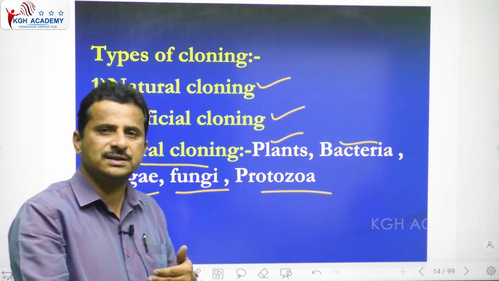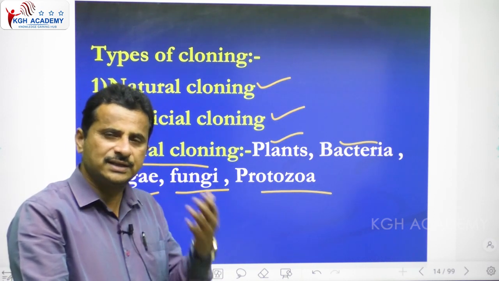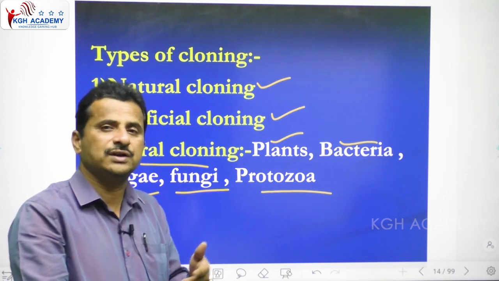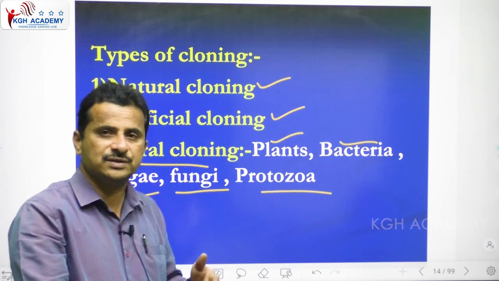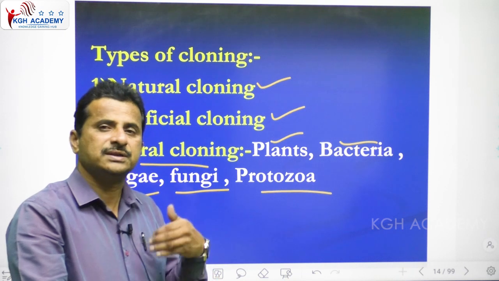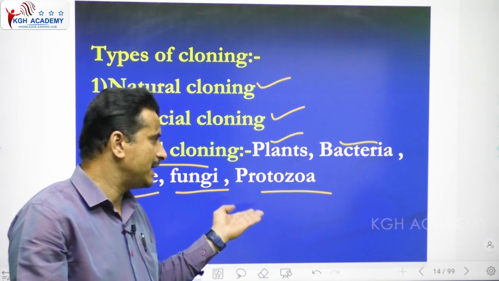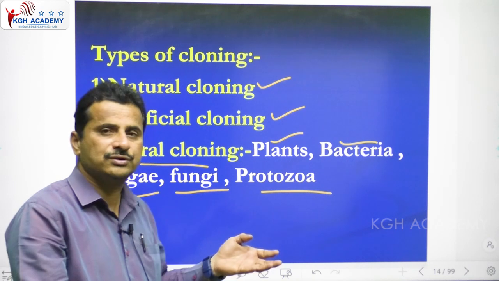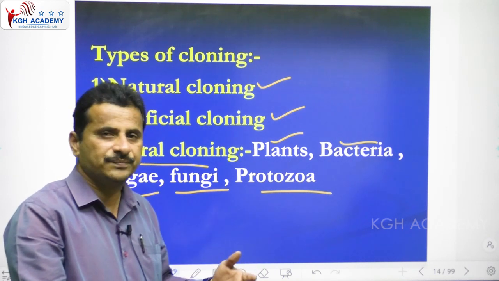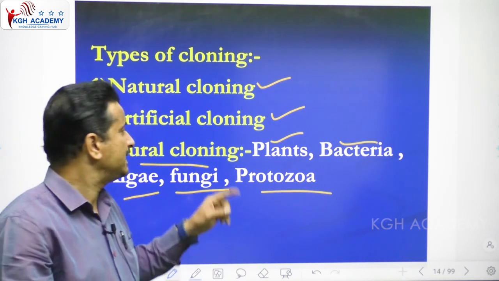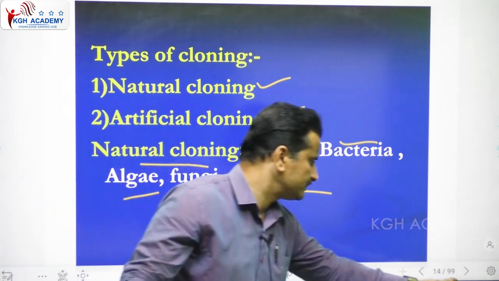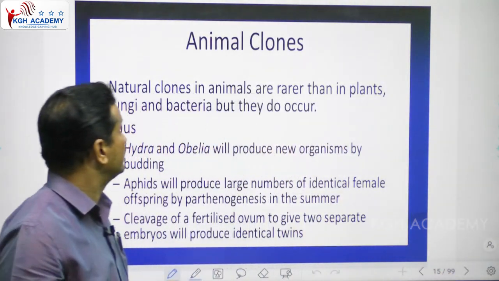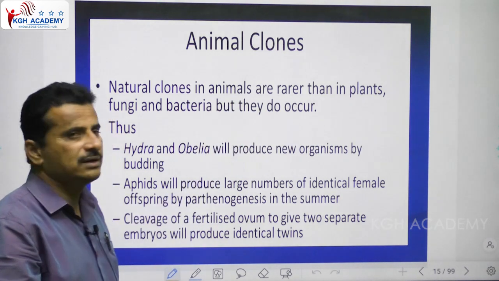Naturally, all these organisms continue the next generation with the same type of individuals. This way plants, bacteria, algae, fungi, protozoa show natural cloning. Here we will discuss artificial cloning in detail. One more slide related to animal clones.